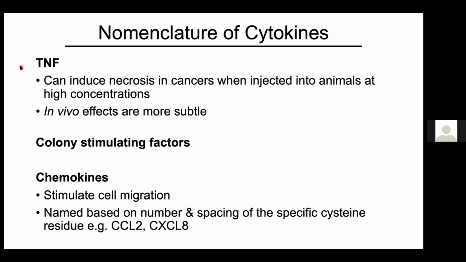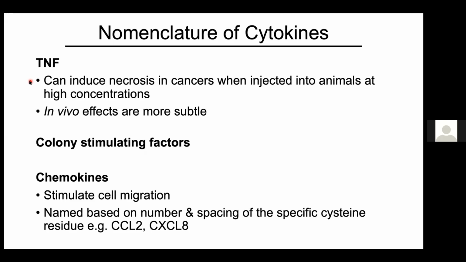The third group is basically your tumor necrosis factor. These ones were named so because it was shown that they can induce necrosis. Necrosis is basically cell death in a living host, okay? So it's basically someone is alive, but you get some cells dying, okay? That is necrosis, as you get to define it further in pathology.